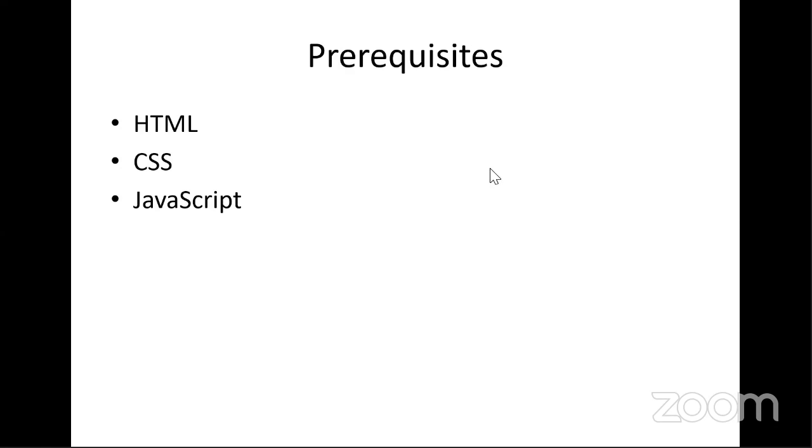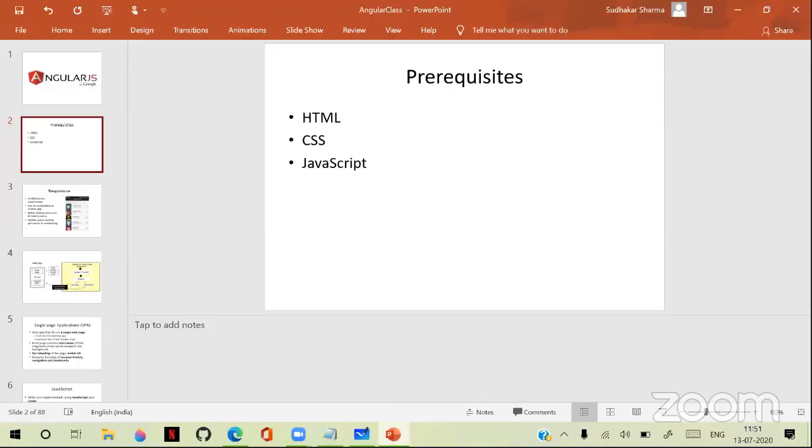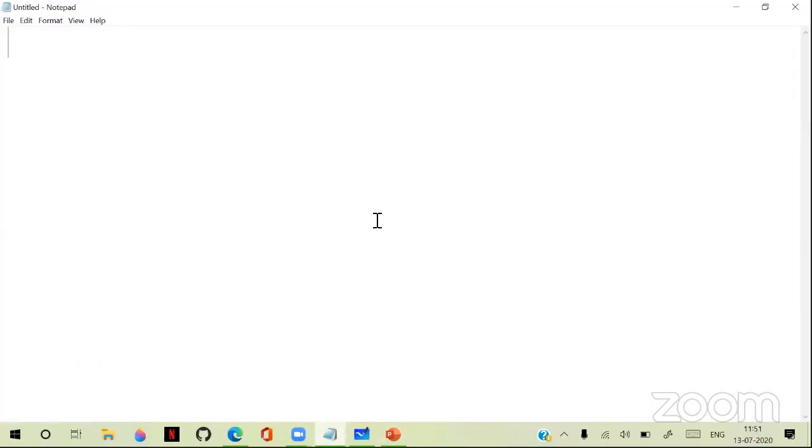Right, that's great. Okay. So let's see technically what is AngularJS first and how it works. To understand this, I will give you a basic overview. Technically, you have JavaScript.